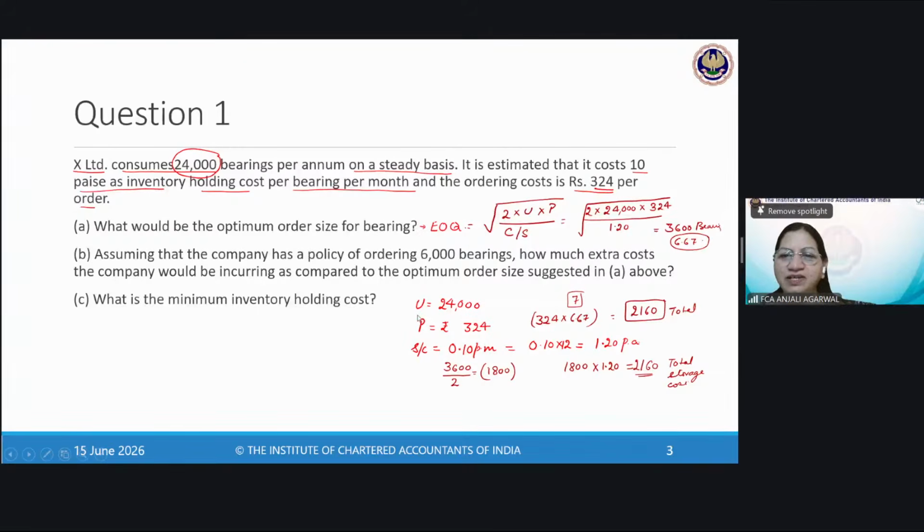I think when you are giving an MCQ option, either the question will very specifically ask you to round off the number to the next higher, or if it doesn't, the two options will not be there. That ambiguity will definitely be taken care of while framing the question. Either there will be a specific instruction in the question to round off to the nearest number, or if it is not there, the two options will not be there.